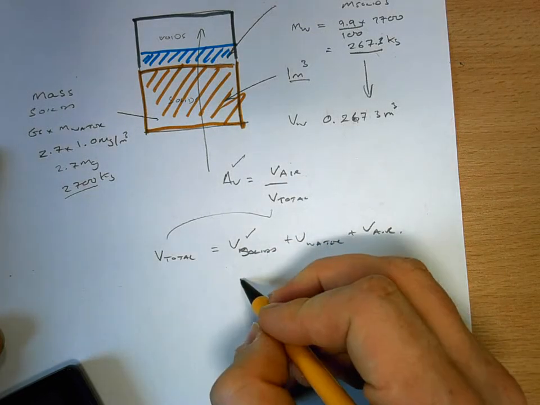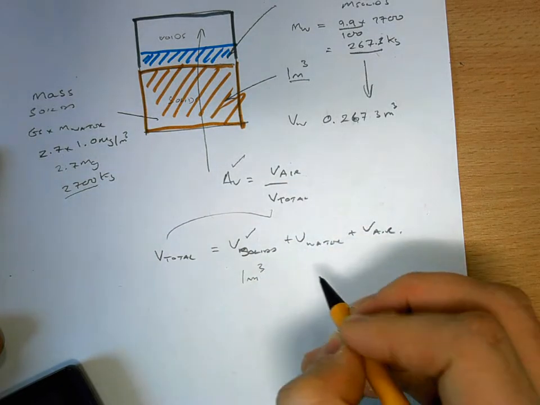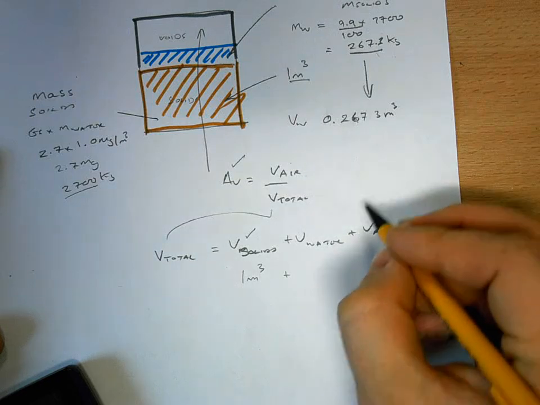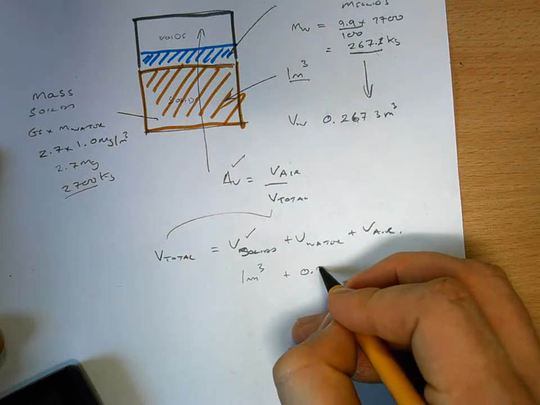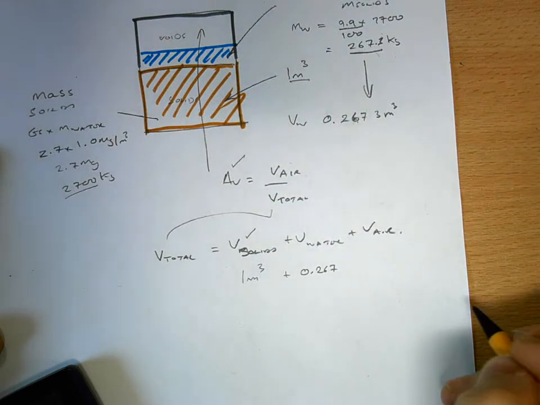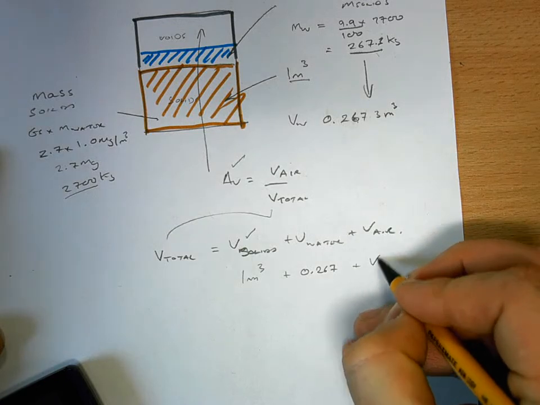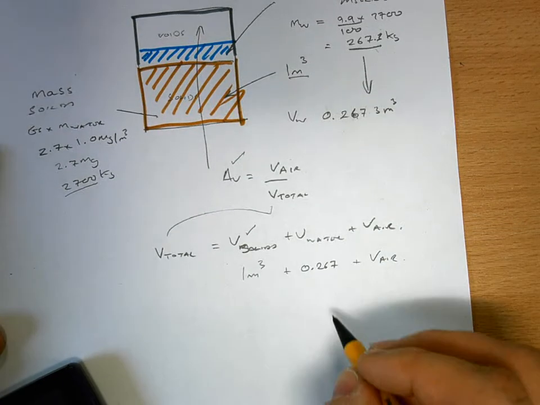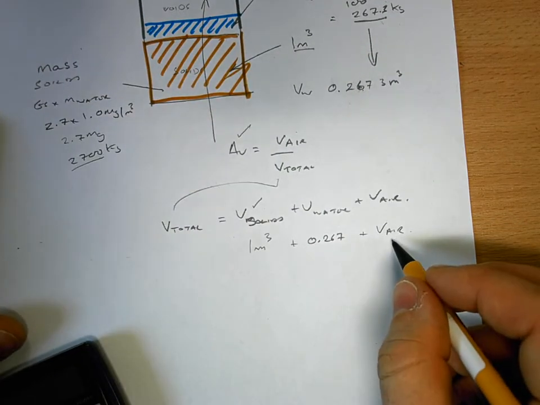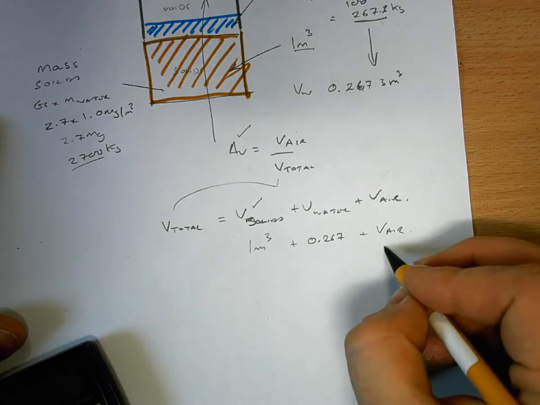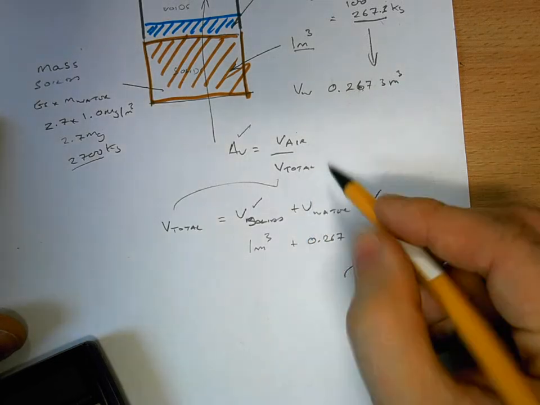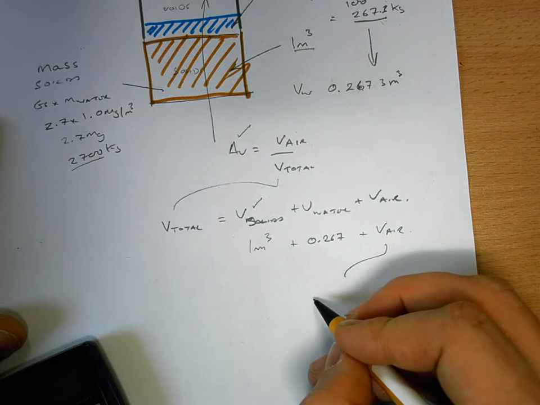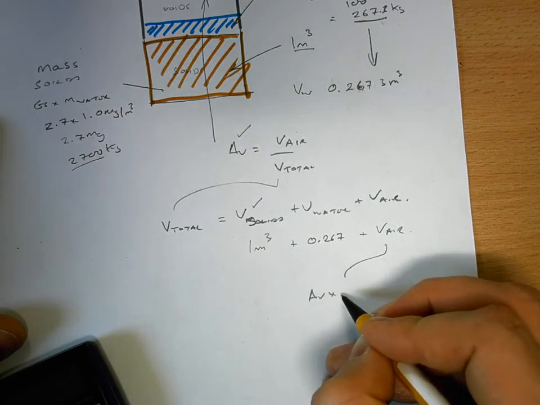That's 1 cubic meter. Our volume of the water is 0.267, and then we've got a volume of air. And our volume of air, we found from that equation here, is the air voids multiplied by the total volume.